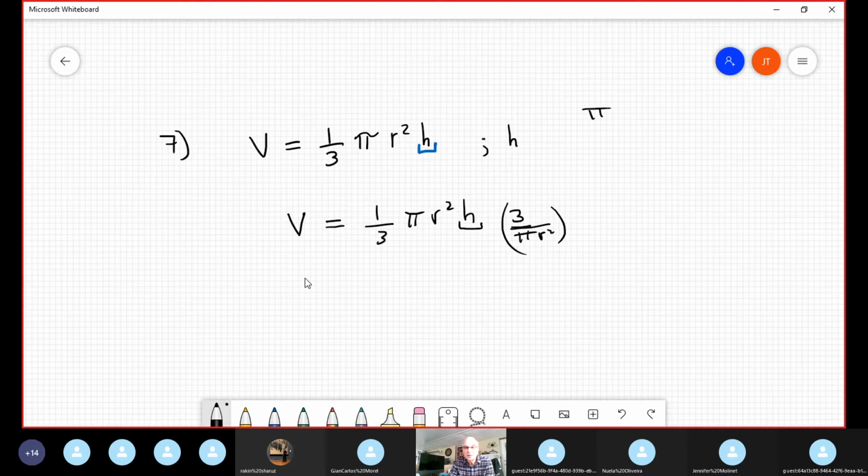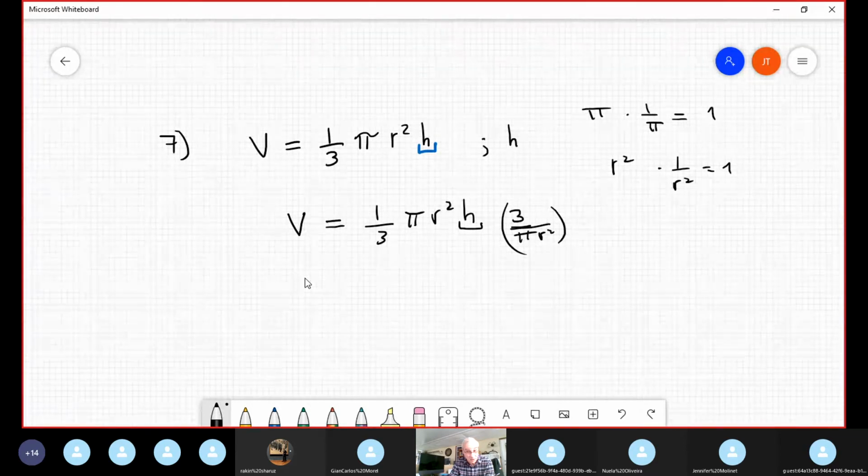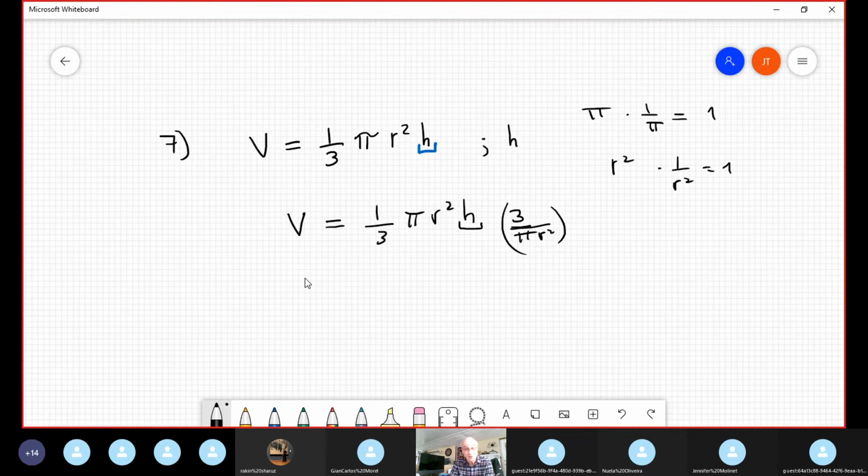What is the reciprocal of pi? 1/pi. And what is the reciprocal of r squared? It is 1/r squared. And for sure, when you multiply this, the answer is 1. But you are doing it on both sides in order not to affect the original equation. The 3 here and pi r squared.